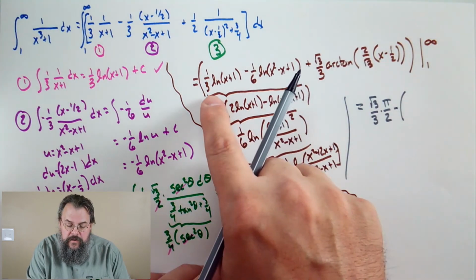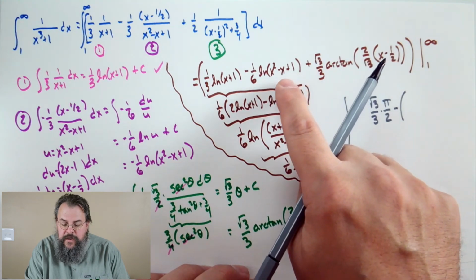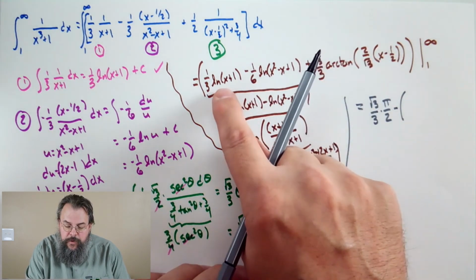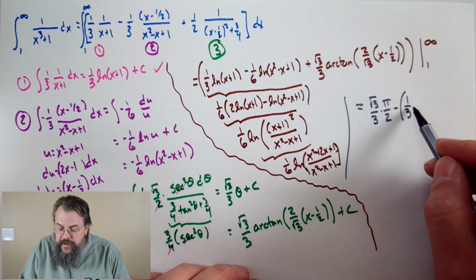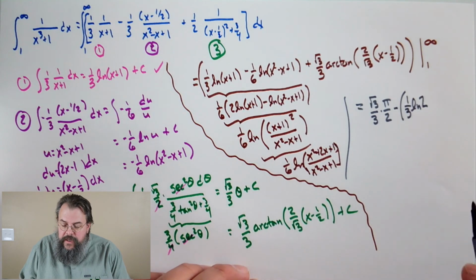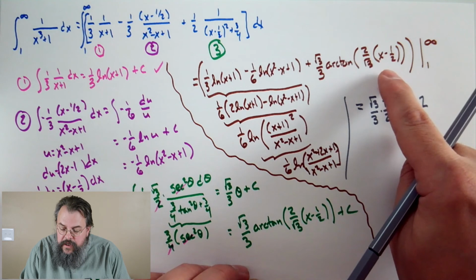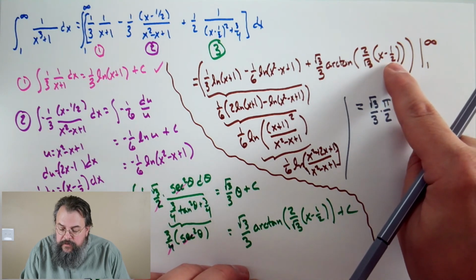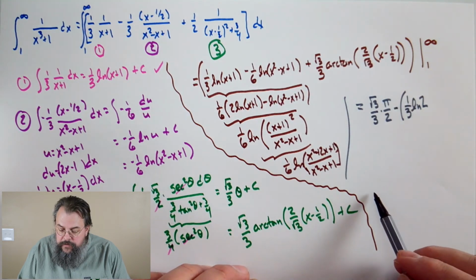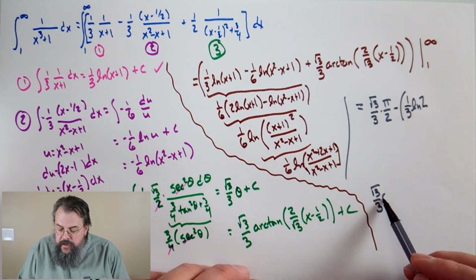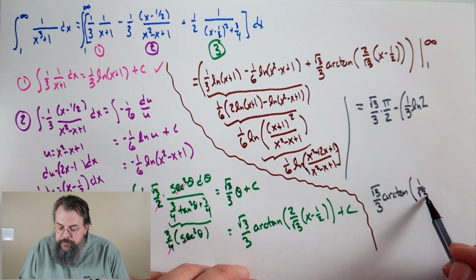It's the same as 1/3 log of 2, and 1/3 log 2 sounds better than 1/6 log 4. So 1/3 log 2. And now, plug in 1 in the arctangent. What do we see? Well, we have 1 minus a half, that's a half times 2 over root 3. So we have root 3 over 3 arctangent of 1 over root 3.